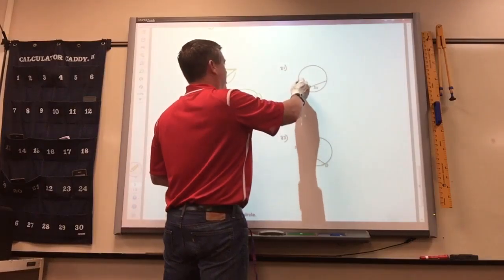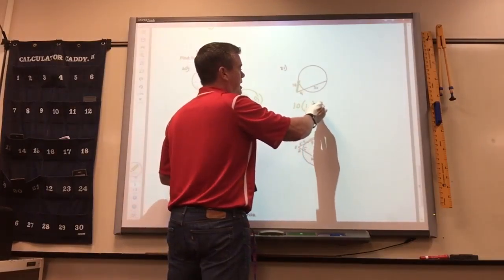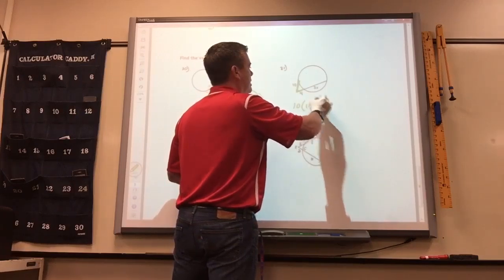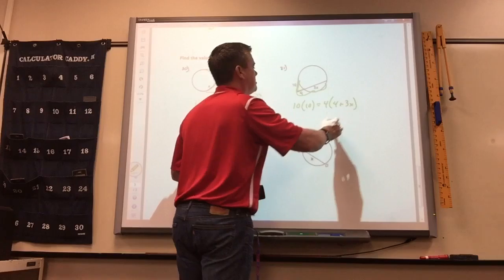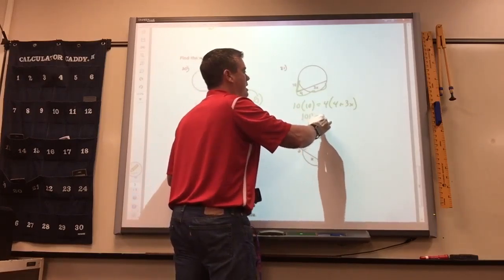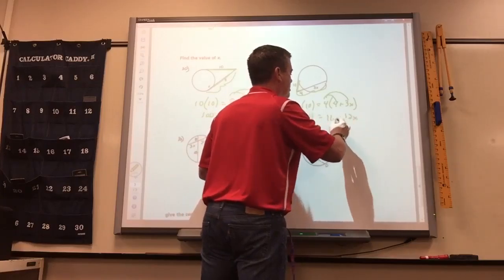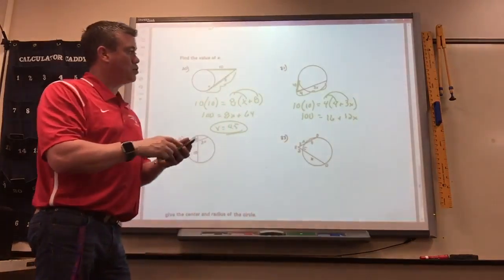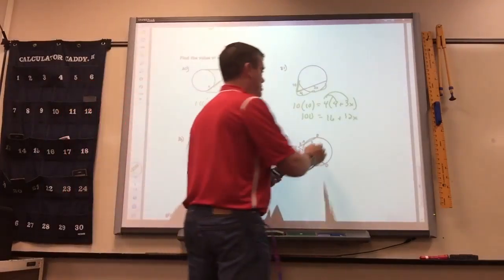Same thing, the outside times the entire length equals the outside times the entire length, which is 4 plus 3x. So this is 100 equals 16 plus 12x, so we subtract 16 and divide by 12, and you get 7.